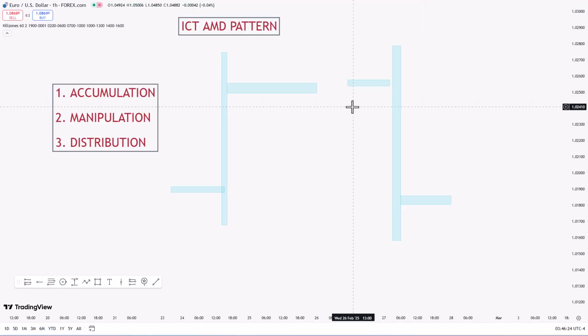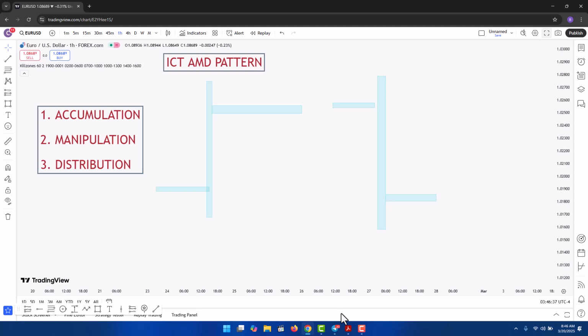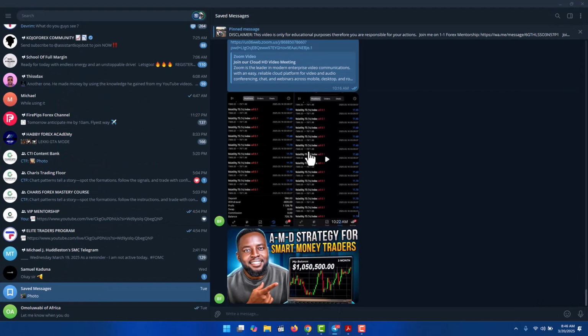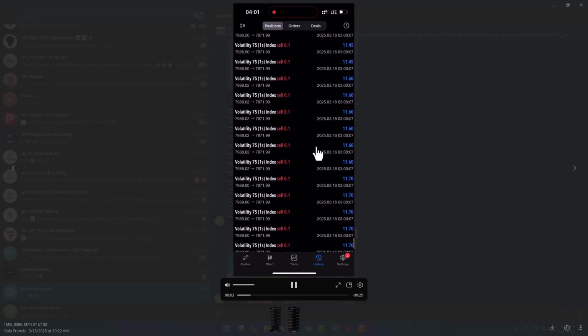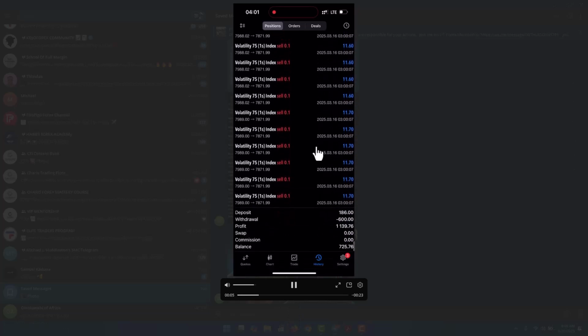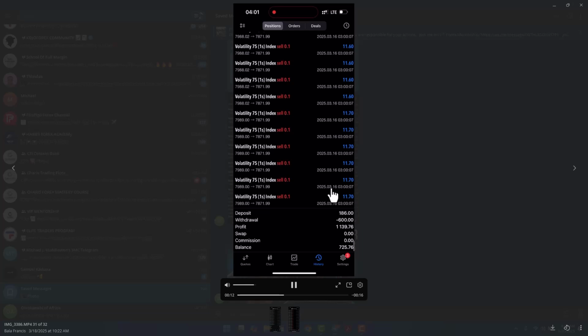So before we proceed, I want to show you guys something very powerful, a trading performance from I think last week's trading. In the mentorship, I traded volatility indices. Like you all know, I also trade the volatility indices, and I just want to show you guys the trading performance using a small deposit of about $186, and just within 2 trading days between 15 and 16, look at the performance.